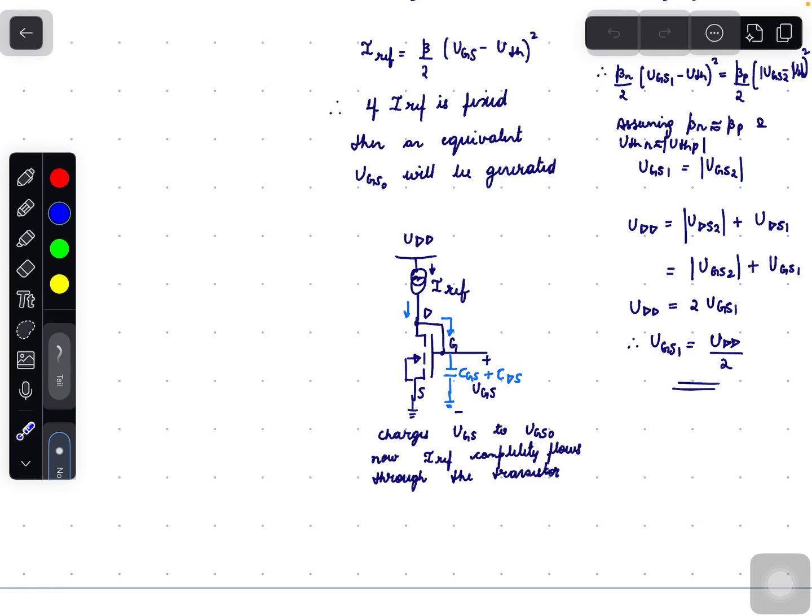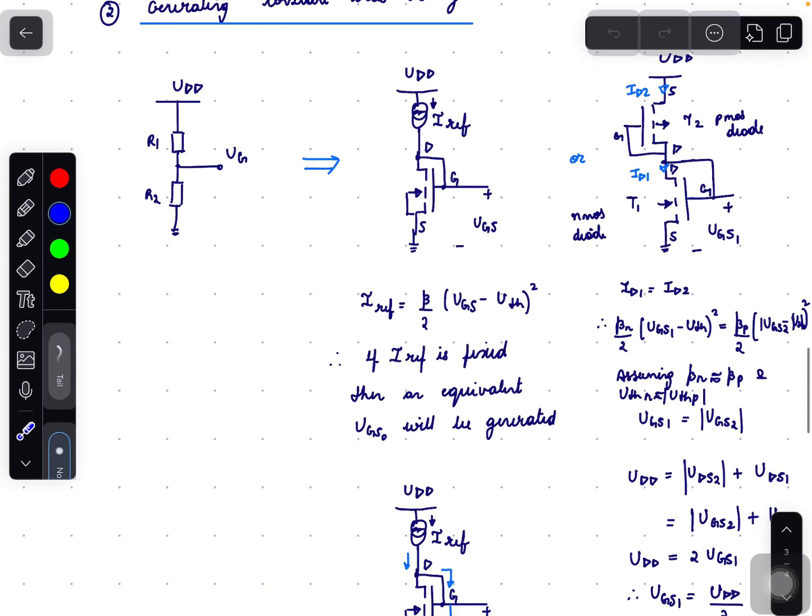So in this configuration, we are able to generate a constant voltage at the gate of the NMOS. So at this point, we are able to generate VGS equals VGS naught, which is a constant voltage, and this voltage is defined by the IREF current.